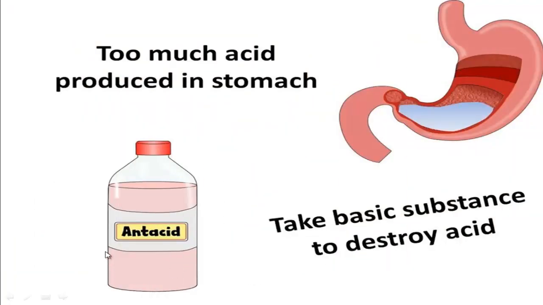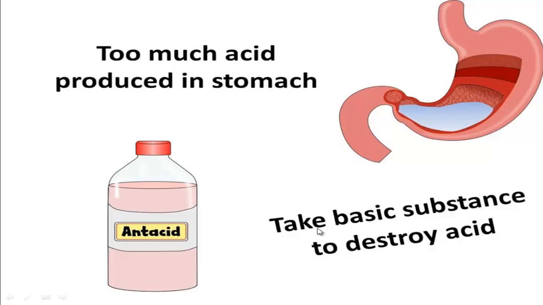in digestion, you know that inside the stomach hydrochloric acid is produced for the digestion process, which helps in digestion of our food. When the production of this acid is too much, we feel acidic problems, we feel pain, isn't it? And at that time, to relieve this pain, what do we take?